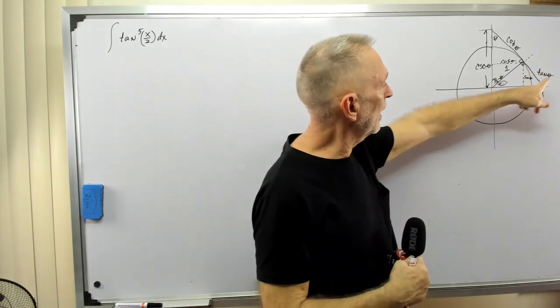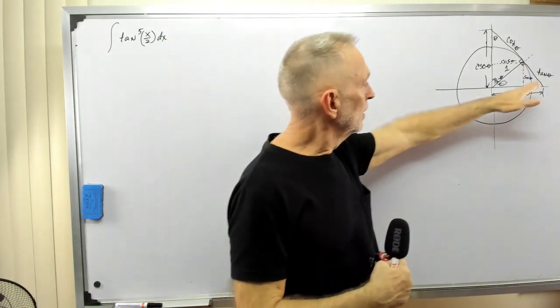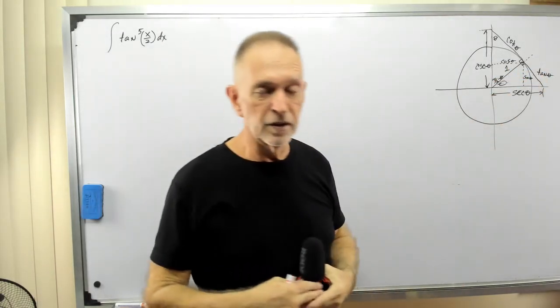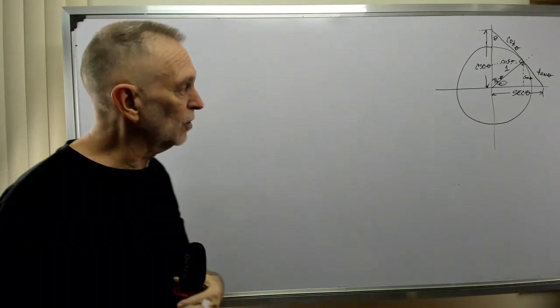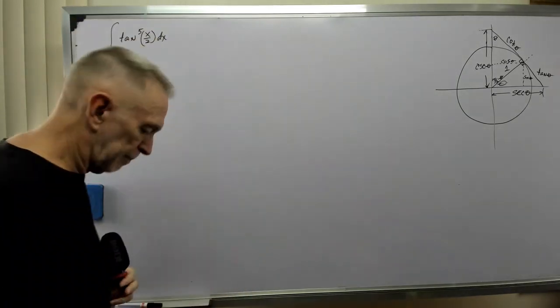If you trig that out, you end up with that length of line is tangent theta. So tangent squared plus 1 squared equals the secant squared, okay? So we're going to utilize that concept tonight.